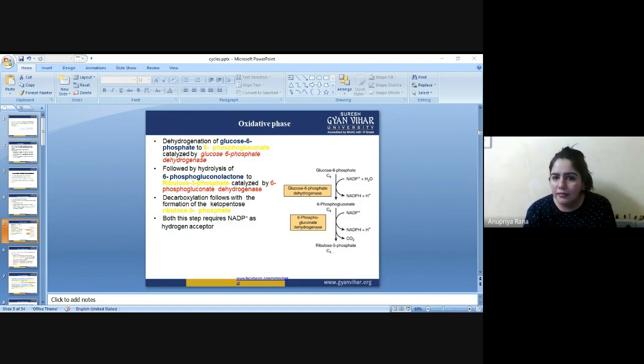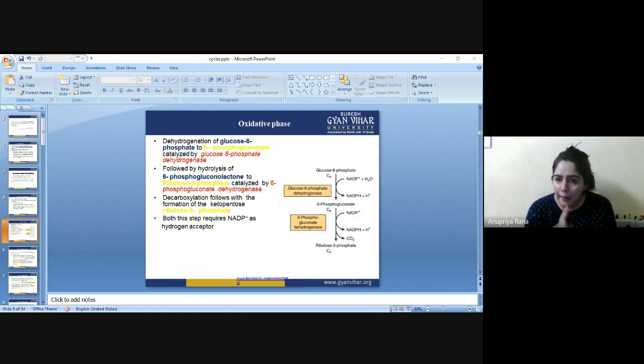This is a metabolic reaction, so we need an enzyme to catalyze this reaction and obtain the final product. It is catalyzed by glucose 6 phosphate dehydrogenase.